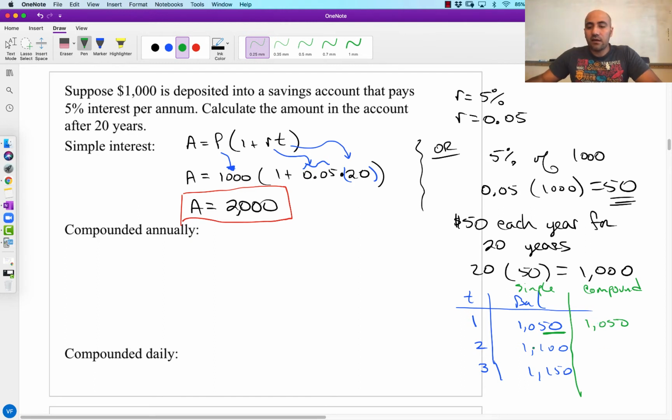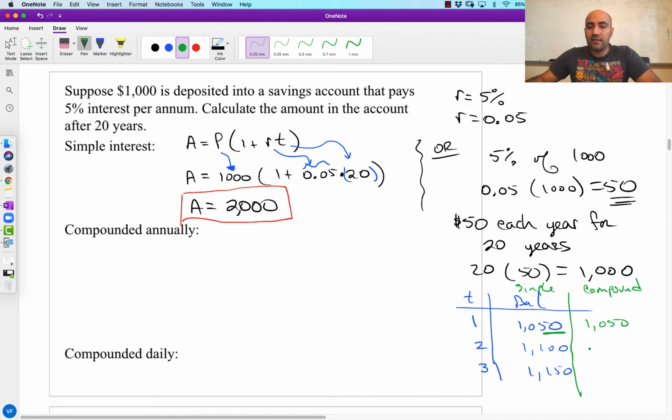But at the end of the second year, you're going to earn a little bit more because you also earn interest on the interest earned the first year. That's what the compound is referring to. And so 5% on $50 is equal to $2.50.